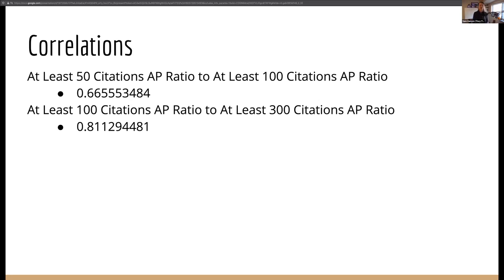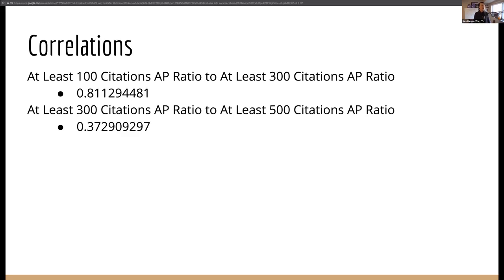But 100 to 300 are highly correlated, like 0.81. So there's not much change in the way the disciplines effectively order themselves here between 100 and 300, but 300 to 500 goes back down. Not entirely sure what is happening here, so if anyone has any ideas, I'd more than welcome hearing them.